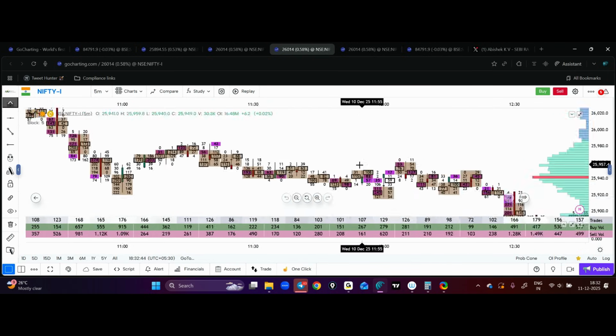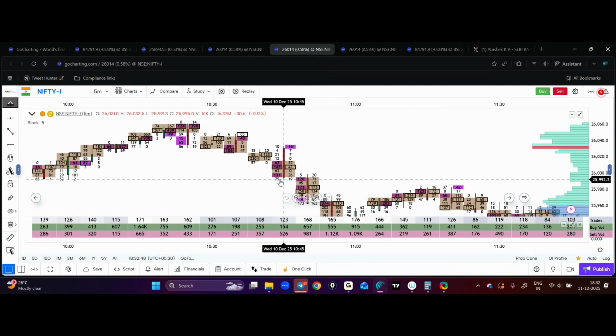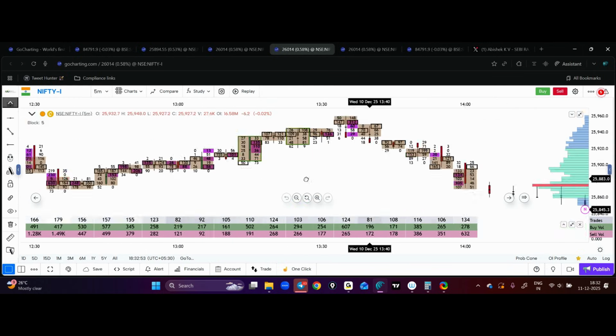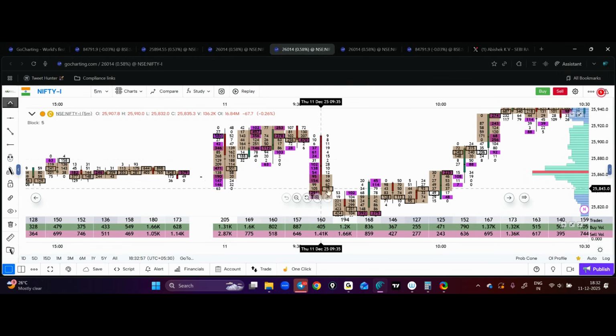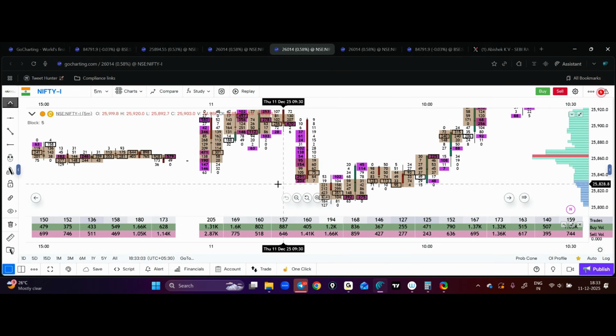Look at these numbers, these imbalances that you see within a smaller price range, versus the numbers that you saw today. It simply doesn't add up.